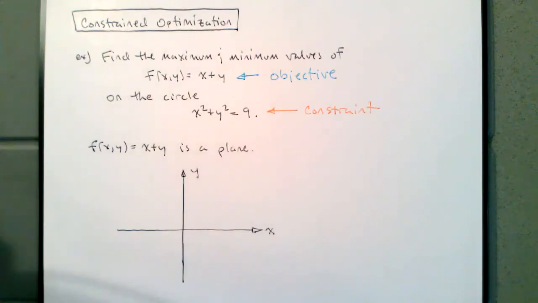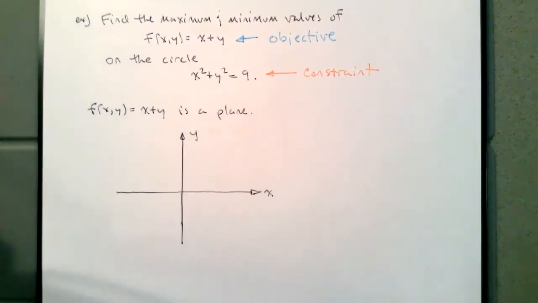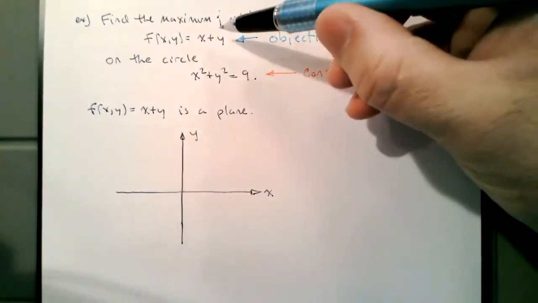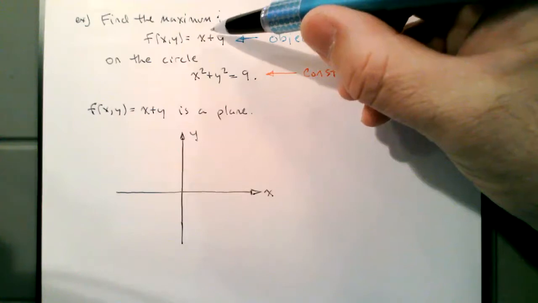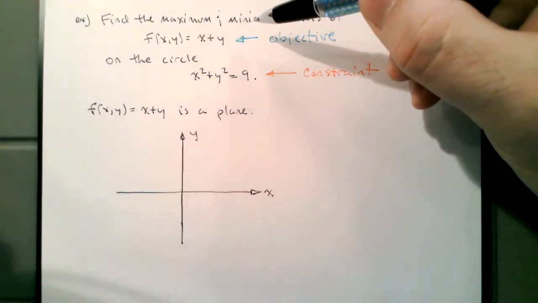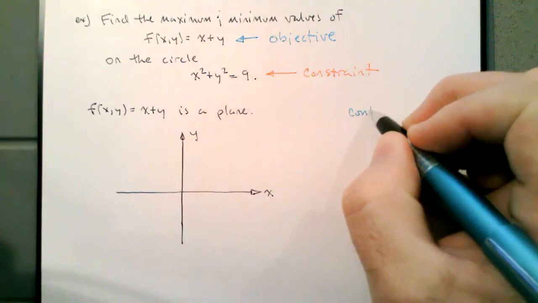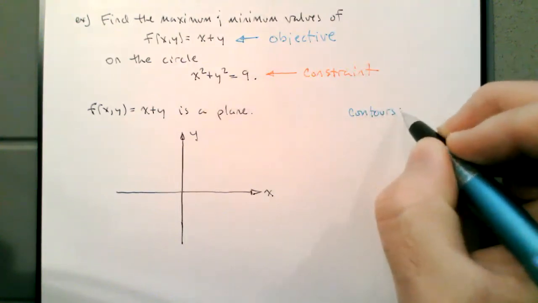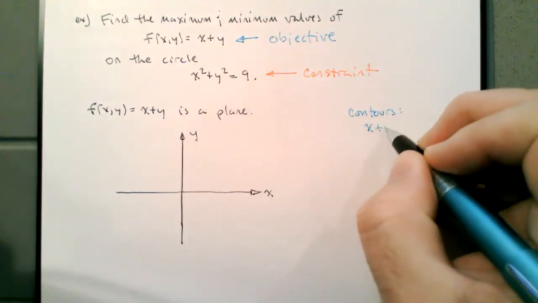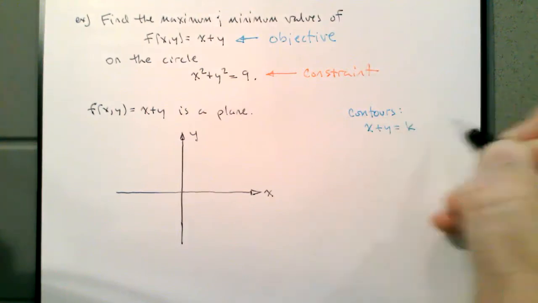So the objective function is a plane. We have no maximum and minimum values on a plane because the plane just goes forever, increasing and decreasing. But let's draw the contour diagram. So the contours are going to look like x plus y equals some constant.